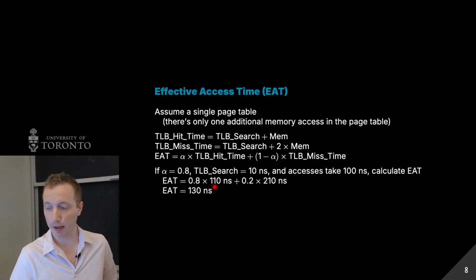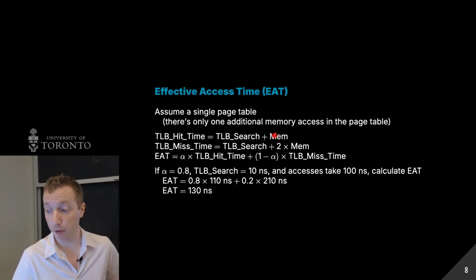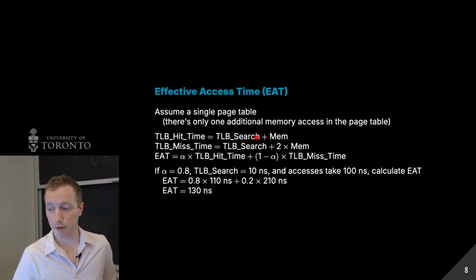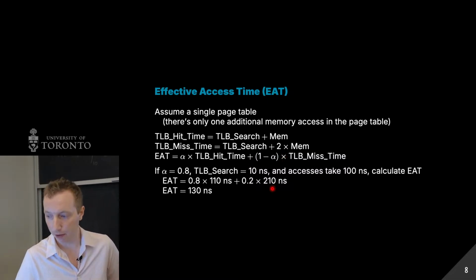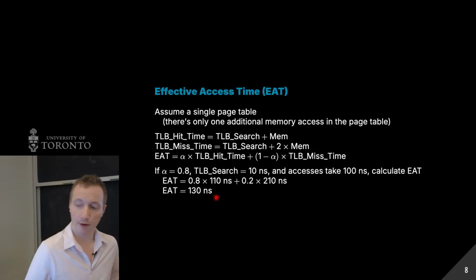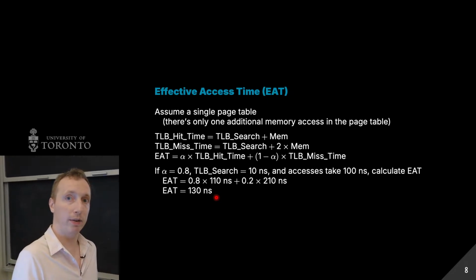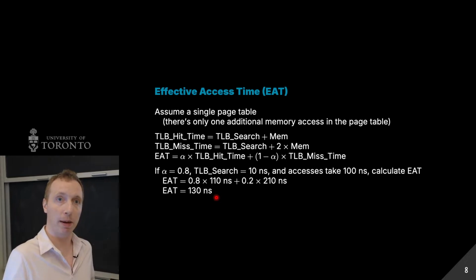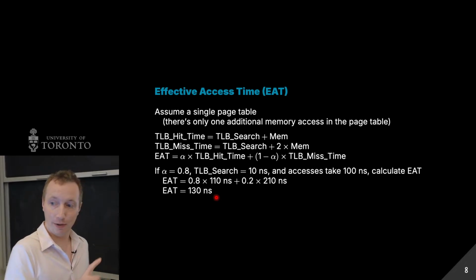So 80% of the time it takes 110 nanoseconds, the original memory access plus the search, and then 20% of the time I have to search the TLB, which is 10, and then do the 2 memory accesses, which is 210. So my effective access time is 130, aka it's 30% slower than using memory, which is a hell of a lot better than 4 times slower, right? So this is why it works.